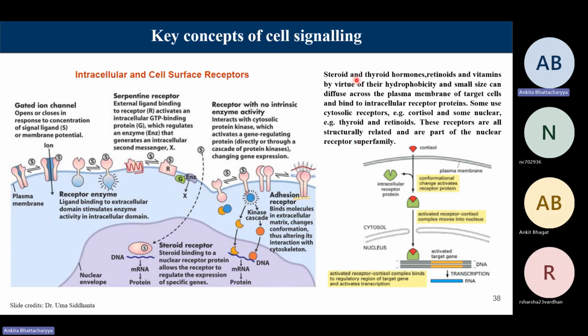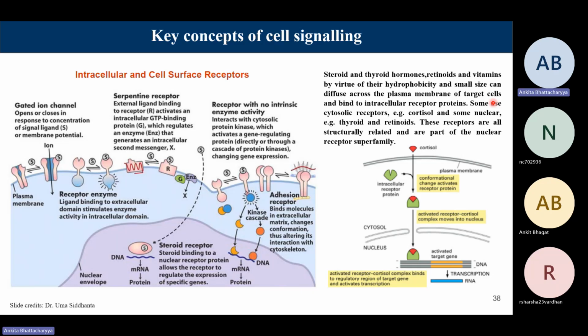So steroid and thyroid hormones, retinoids, vitamins, etc., by virtue of their hydrophobicity and small size, are able to diffuse across the plasma membrane of the target cells and then bind to intracellular receptor proteins. Some use cytosolic receptors like cortisol, and some nuclear like thyroid and retinoids. These are all structurally related and they're part of the nuclear receptor superfamily.